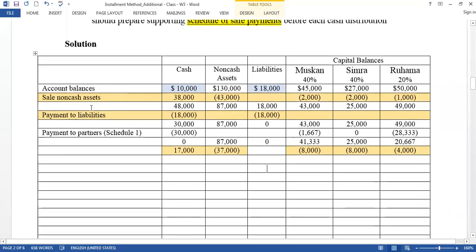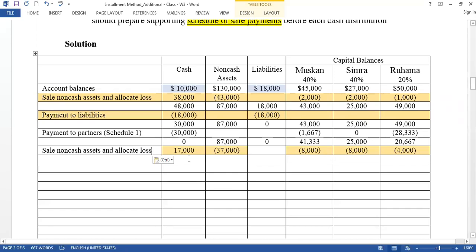Because I already showed you this journal entry: sell non-cash assets and allocate loss. So this journal entry I already explained, so we are not going to show you again. Sell non-cash asset here, the same. Sell non-cash asset and we allocate the loss, right?